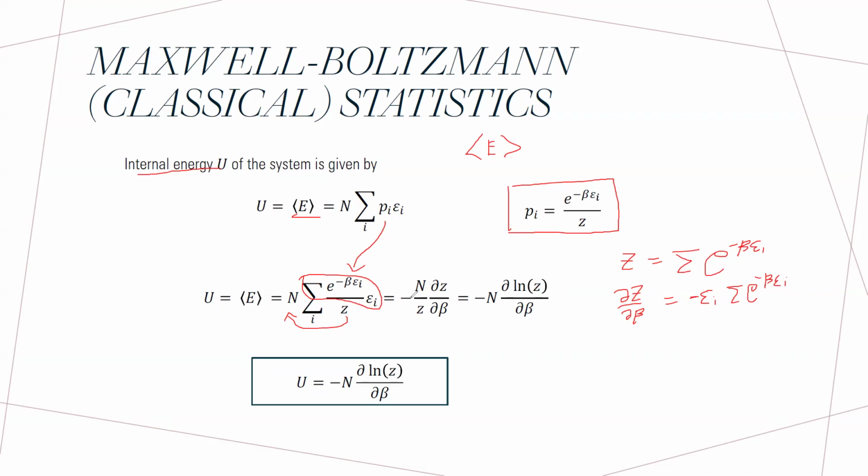So basically we can write this expression in terms of partial Z over partial beta, and this 1 over Z partial Z over partial beta is equal to partial logarithm Z over partial beta. So we get this expression over here.